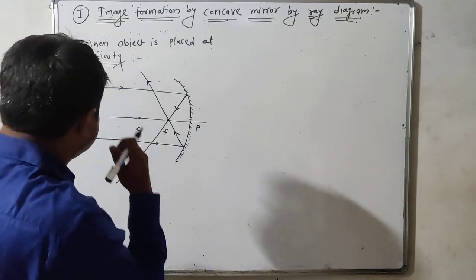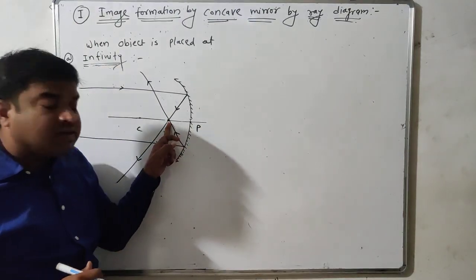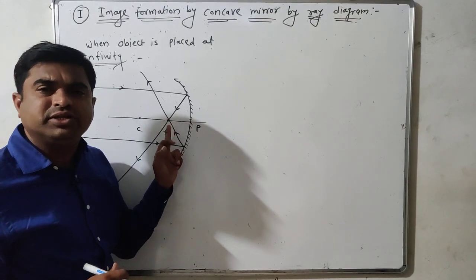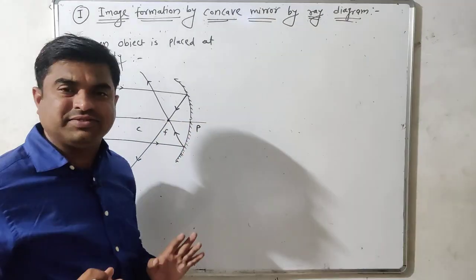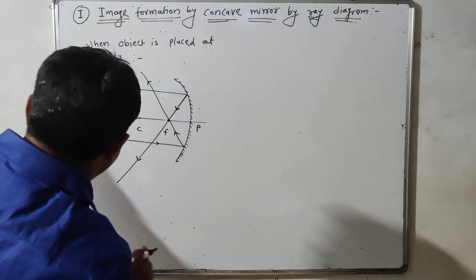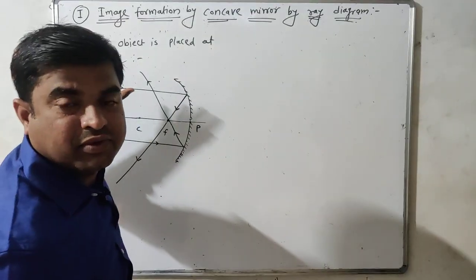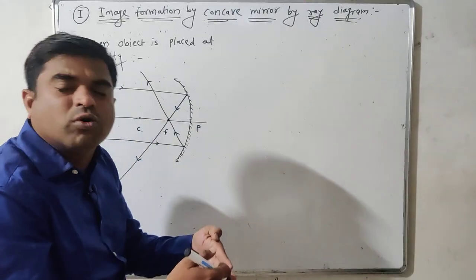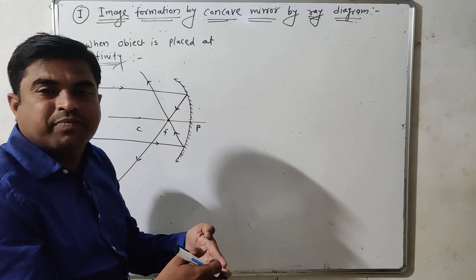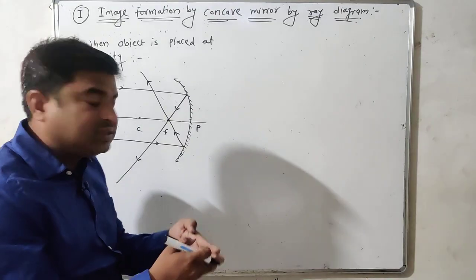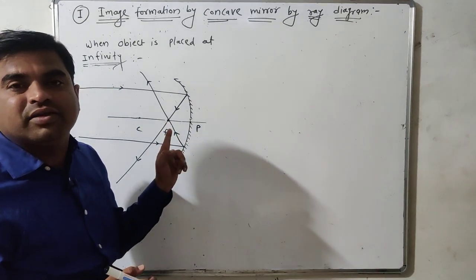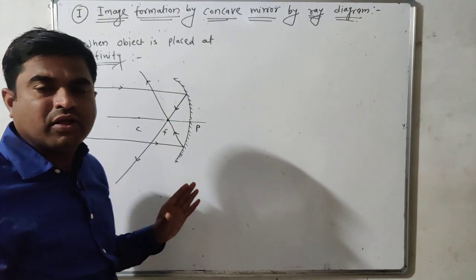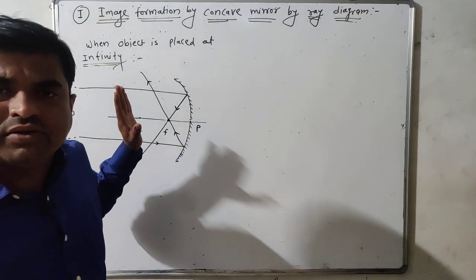And also you can see here also the size of the image is very diminished, or it is considered to be point sized. Whatever may be the size of the object located at infinity, all the rays get converged to focus. Okay, that means its image will be of point size. Got it? Whatever may be the size of the object.